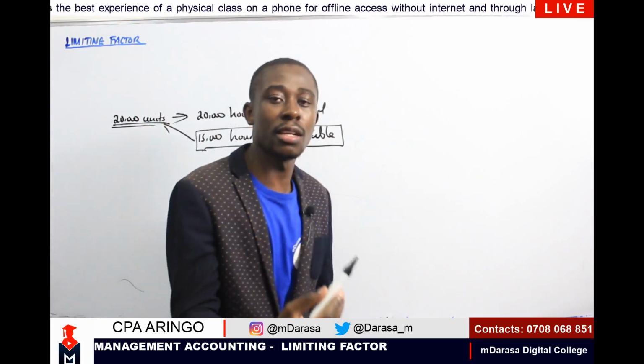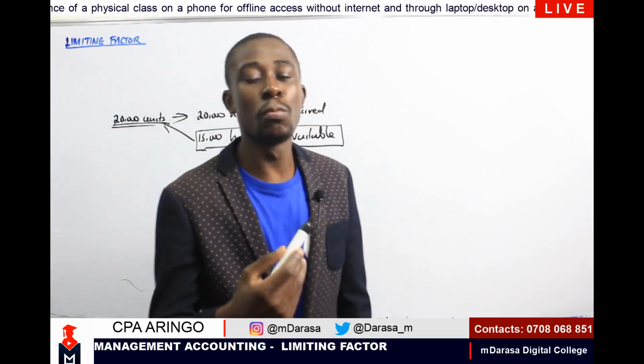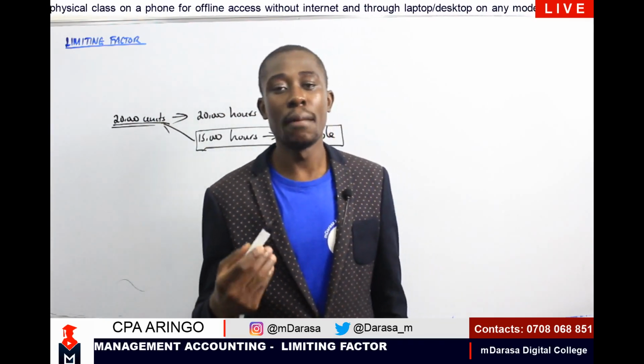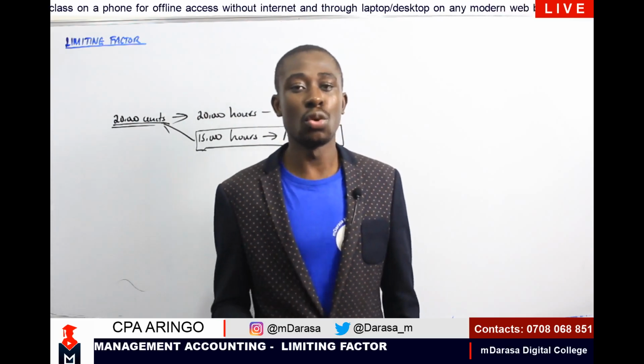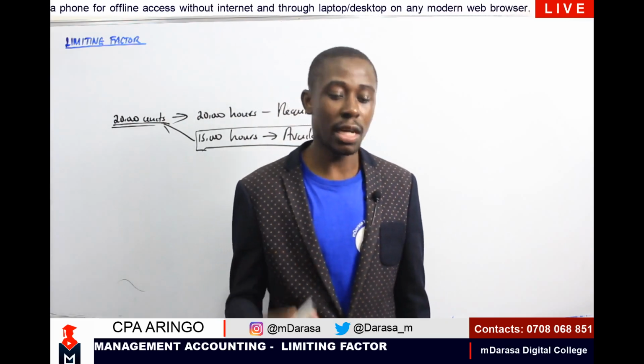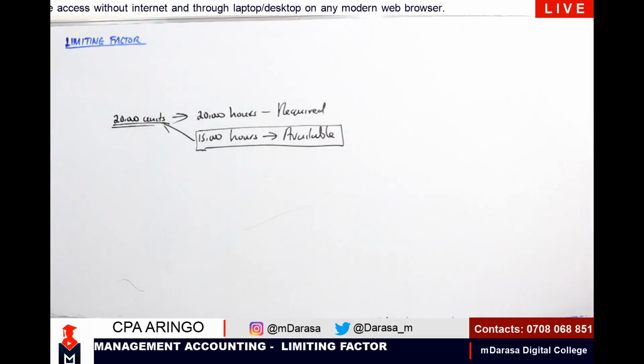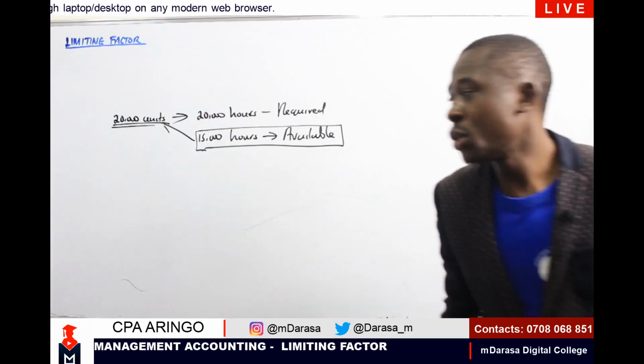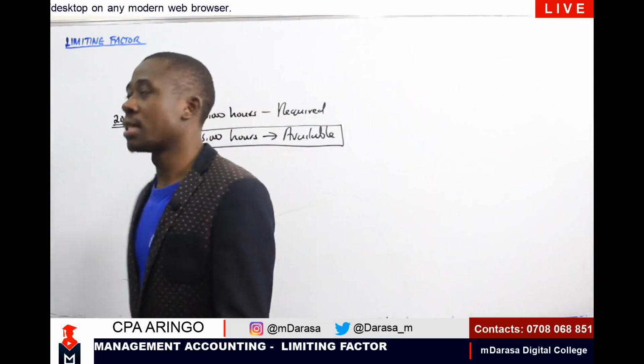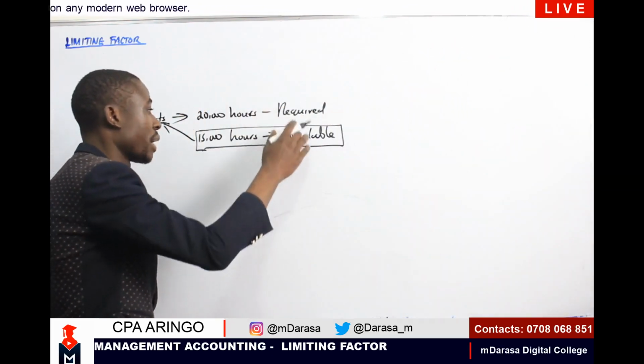It is this resource, hours, that will limit us from producing to our maximum. And that is what we are terming as limiting factor. The whole idea behind limiting factor is what we've talked about there. Also, you will be able to understand that we have required and we have available.